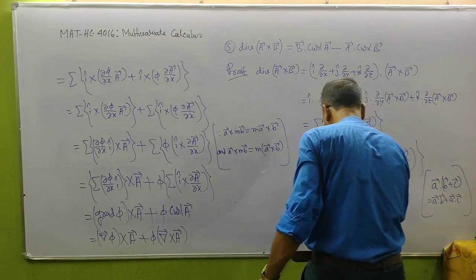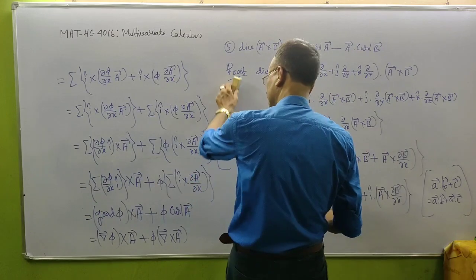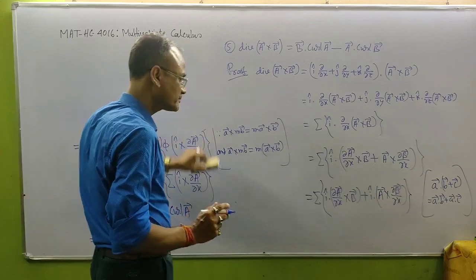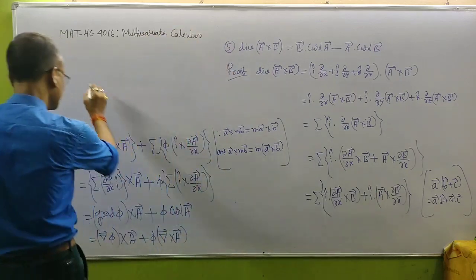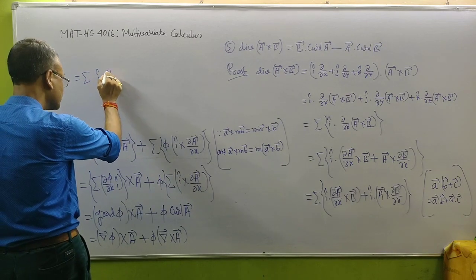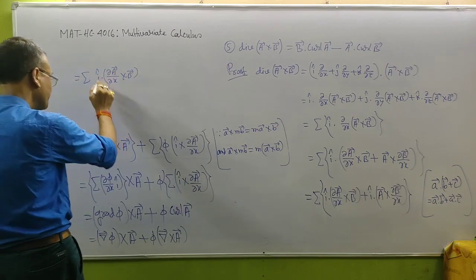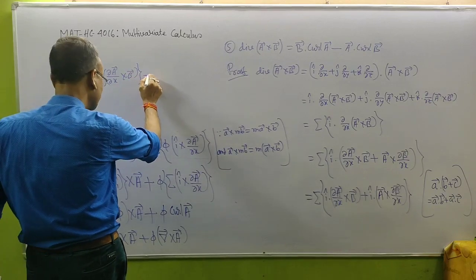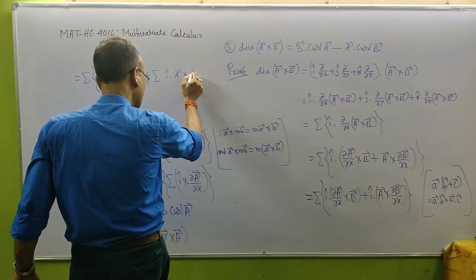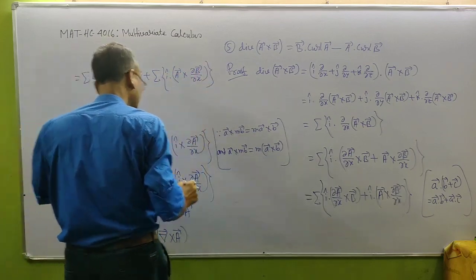You may write like this. Now you may write the summation here and here: del A by del x cross B, plus summation i cap dot A cross del B vector by del x.